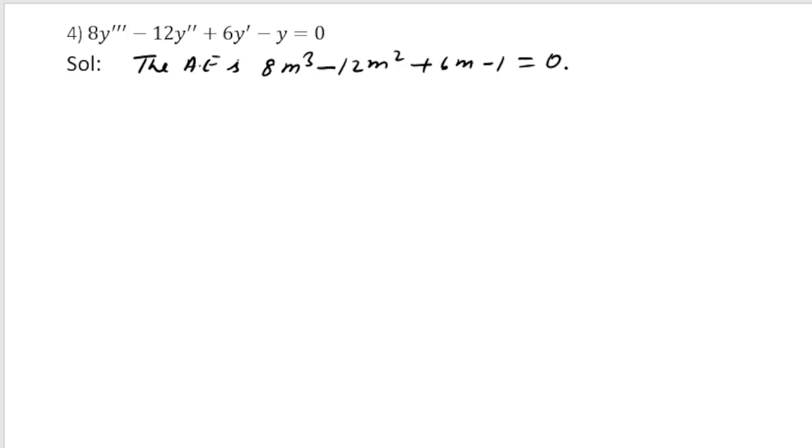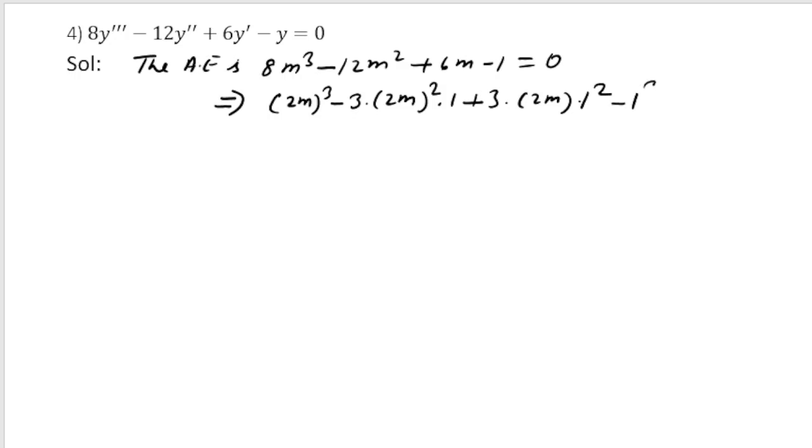I suggest you pause the video and calculate the roots yourself, because that is very important. So let's do it. Pause, start. So how to factorize? If you look at this very carefully, you can see this is 2m whole cube minus 3 into 2m whole square into 1 plus 3 into 2m into 1 square minus 1 cube.